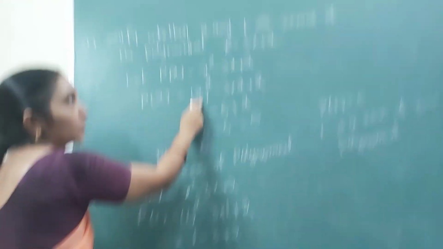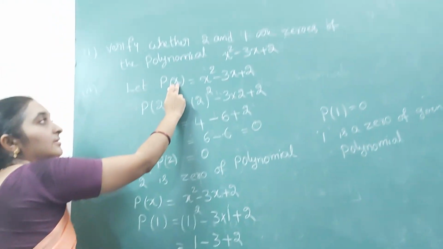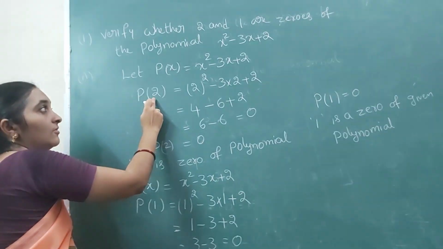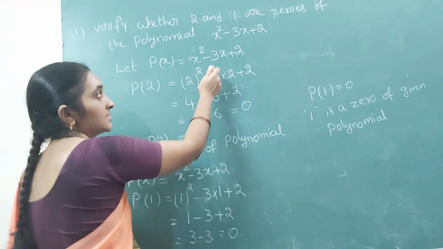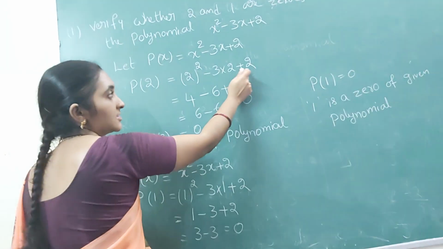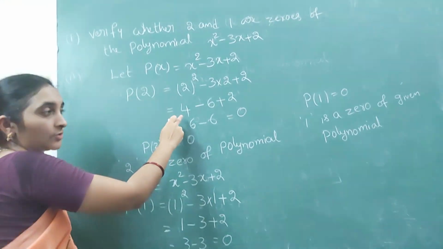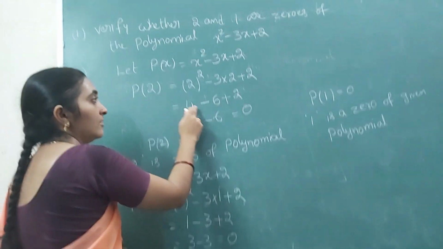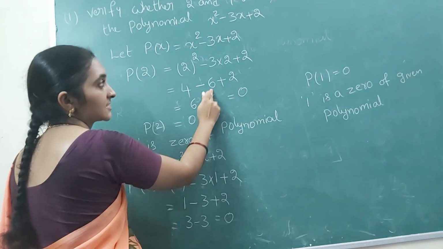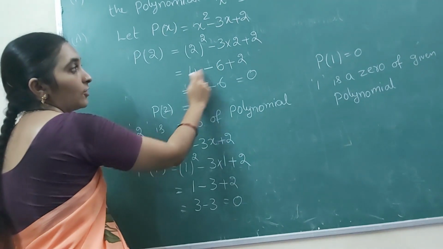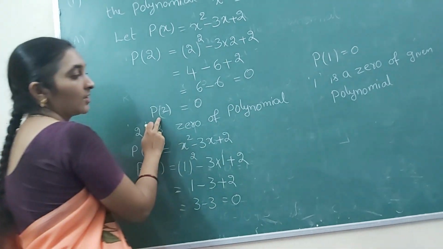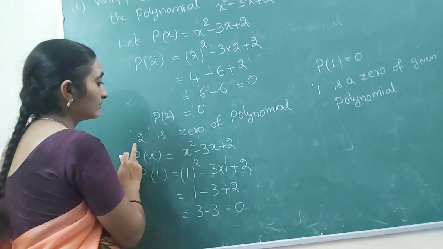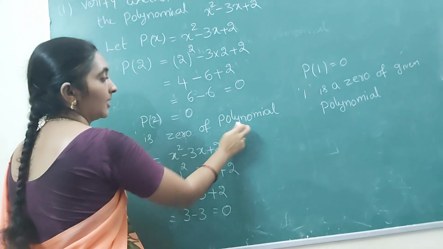Replace x by 2 in this polynomial. x squared means 2 squared minus 3 into 2 plus 2. 2 squared means 2 into 2, so that is 4 minus 3 twos are 6 plus 2. 4 plus 2, 6 minus 6 is equal to 0. p of 2 is equal to 0. Then 2 is a zero of the polynomial.